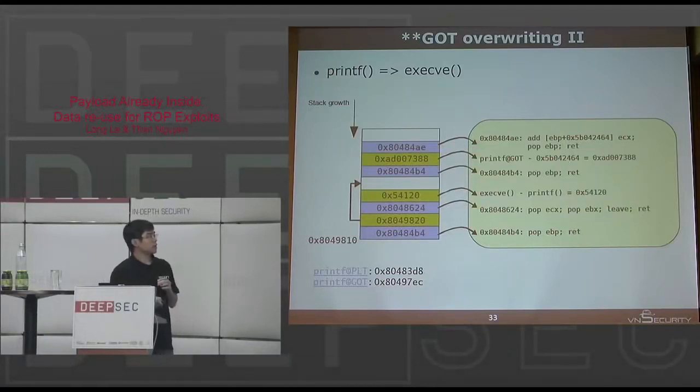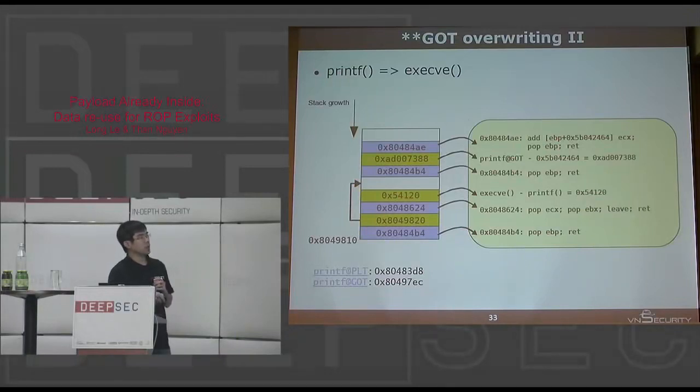And at the end, what we do is, you see in this one we have a gadget like add EBP with some value, EBP plus some value, and the address with the ECX value. So we load ECX with this value, and EBP with this value.